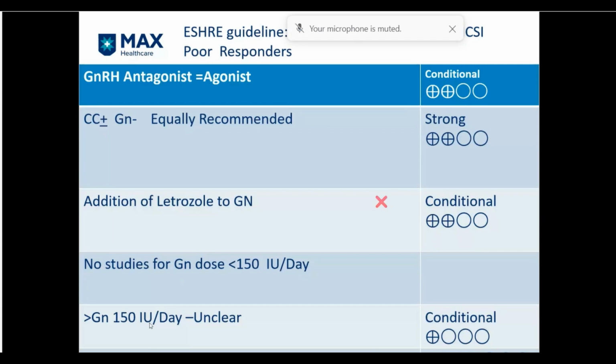Gonadotrophin more than 150 international units per day is clear, but gonadotrophins more than 300 international units per day is definitely not recommended, and this is a very strong evidence we have. So in a nutshell, if we have to give gonadotrophins to a poor responder, either in the antagonist or the agonist, we can use gonadotrophins in the dose of 150 to 300.